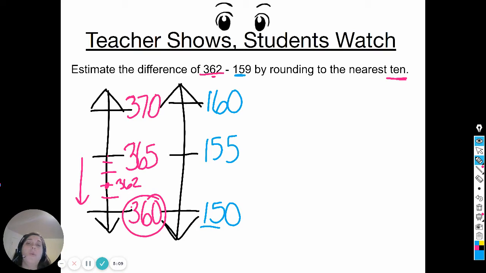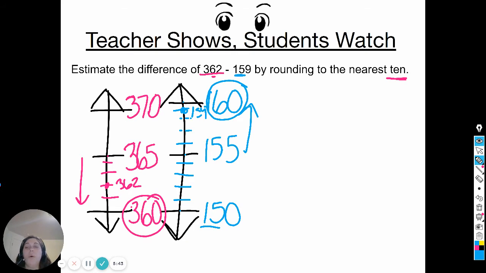Now I need to find 159. 150, 151, 152, 153, 154, 155, 156, 157, 158, 159, 160. So 159 is right up here towards the top, which is above the halfway point, so I round up to 160.